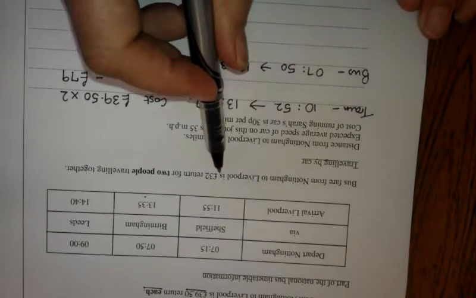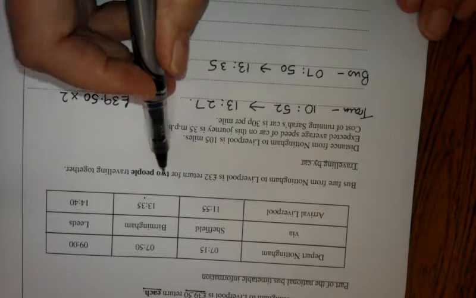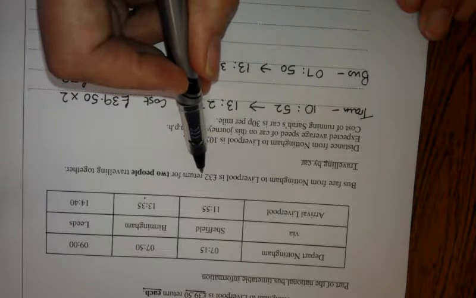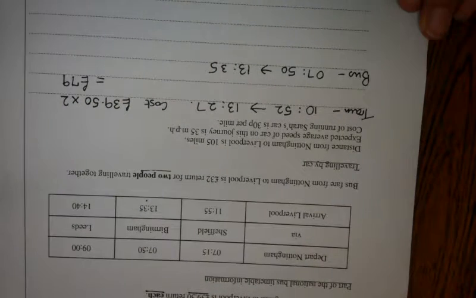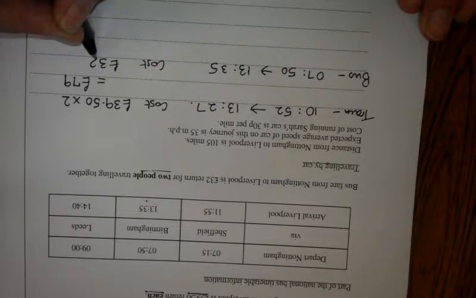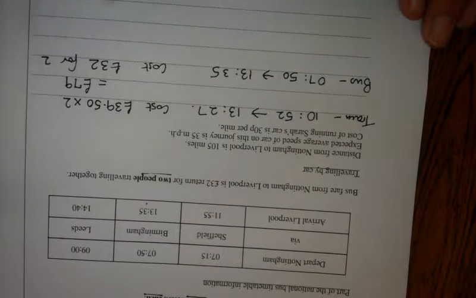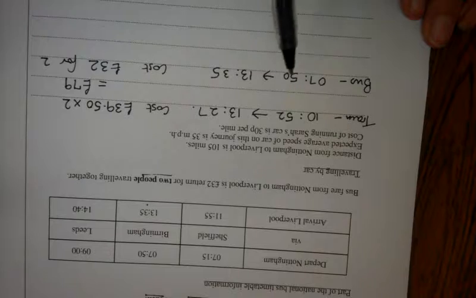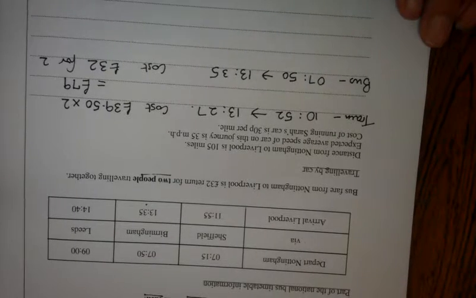The bus fare from Nottingham is £32 return for 2 people travelling together. So it's only going to cost them £32 for the 2 of them. So much cheaper, but look at the time. You've got to get up a lot earlier. So you could argue that would be a disadvantage, wouldn't it? If you've got to be on that bus at 7:50.